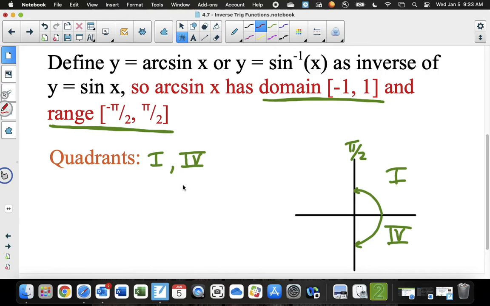We'll add cosine as we move on too. This is going to be your starting point for every problem. You look and say, all right, this is an inverse sine problem, therefore I'm only looking at quadrants 1 and 4, and then you start answering the question. When we talk about an inverse cosine, well, which quadrants is inverse cosine? And then we go from there. Okay?